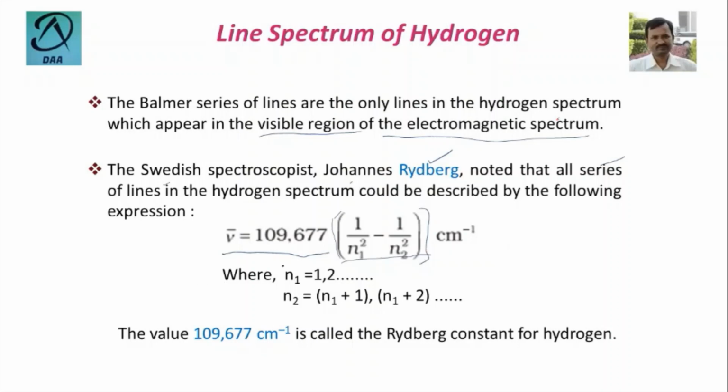Here n1, that means n subscript 1, is equal to 1, 2 and so on. And n2, n subscript 2, is equal to n1 plus 1, n1 plus 2 and so on.